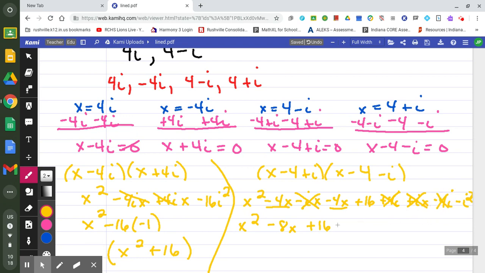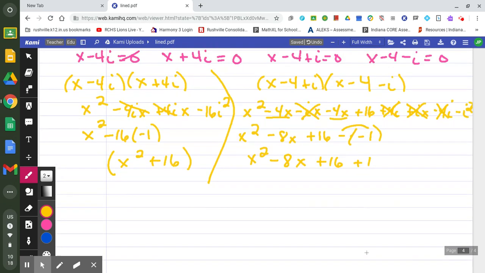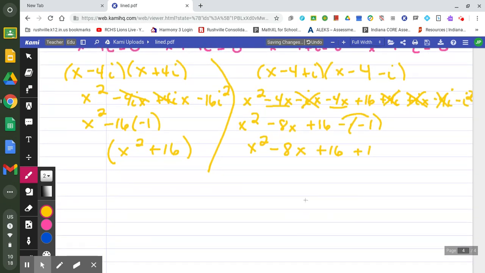And then I've got negative i squared, which is -1. So x squared minus 8x plus 16, and this is going to be plus a 1. So that is x squared minus 8x plus 17.